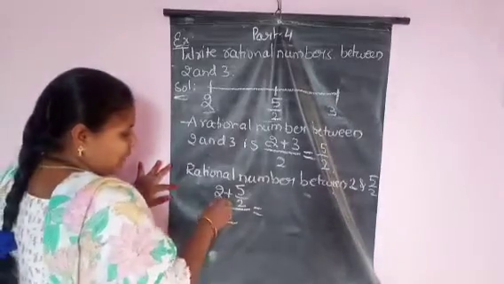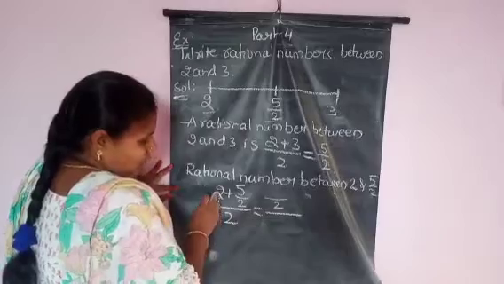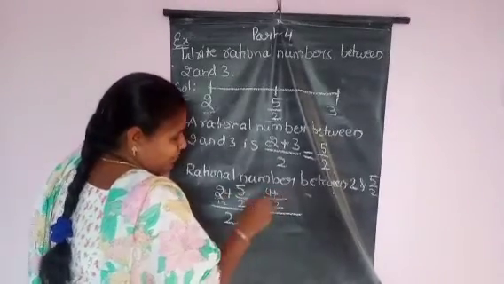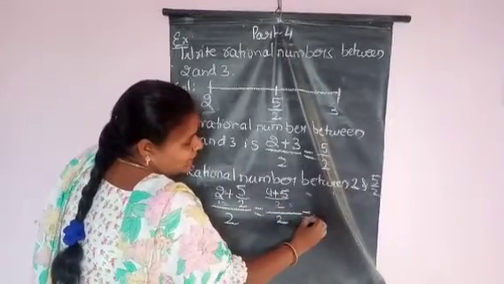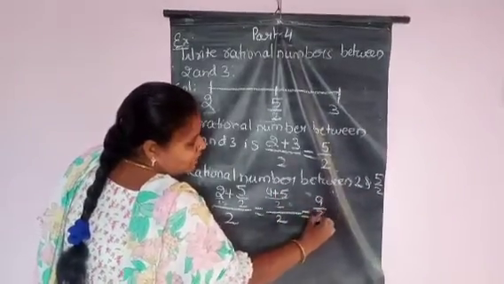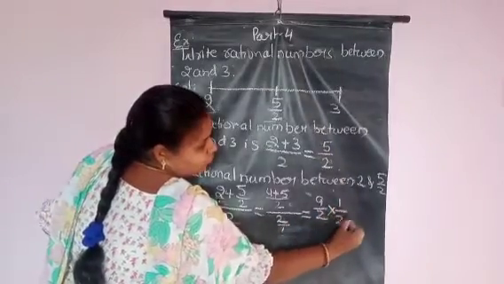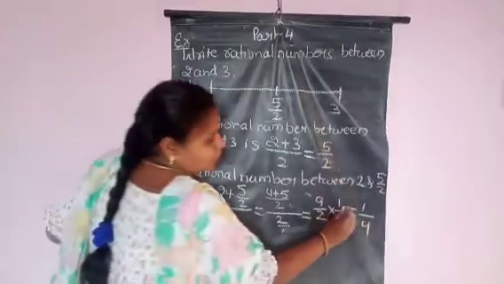This can be written as, the denominator is 2 and 1 into 2, so it is 4 plus 5 by 2, which equals 9 by 2, times 1 by 2.